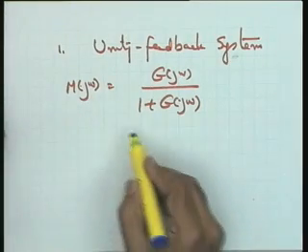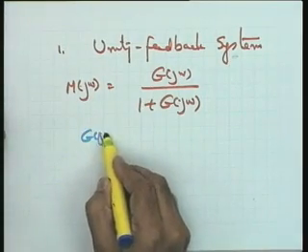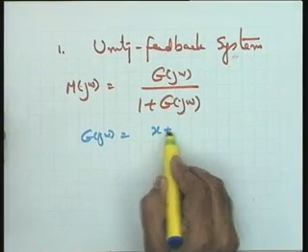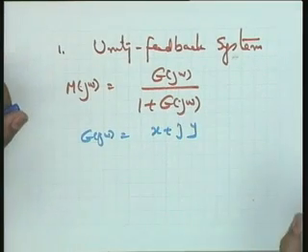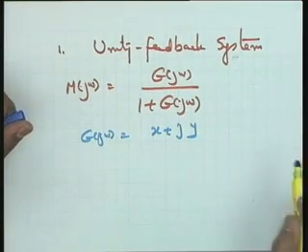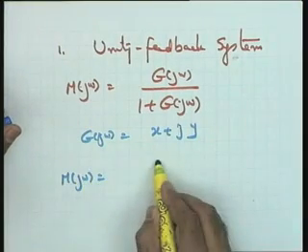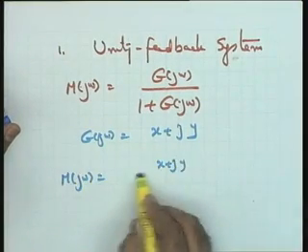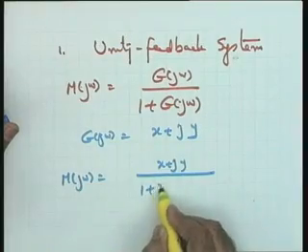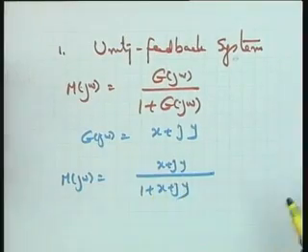So, in this case, let me say that G(jω) is converted into a vector x plus jy. I transform this into this vector. In that case, your M(jω) becomes (x plus jy) over (1 plus x plus jy).